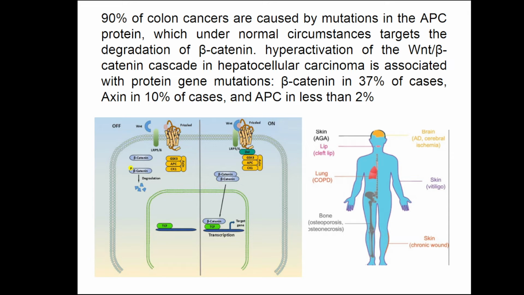Hyperactivation of the Wnt beta-catenin cascade in hepatocellular carcinoma is associated with protein gene mutation: in 37% of cases it will be in beta-catenin, in 10% of cases in axin protein, and less than 2% in APC.